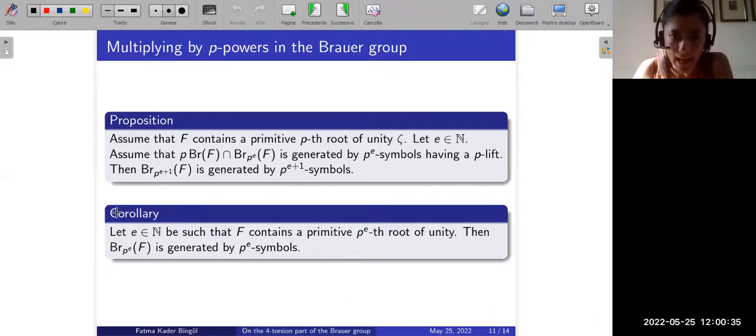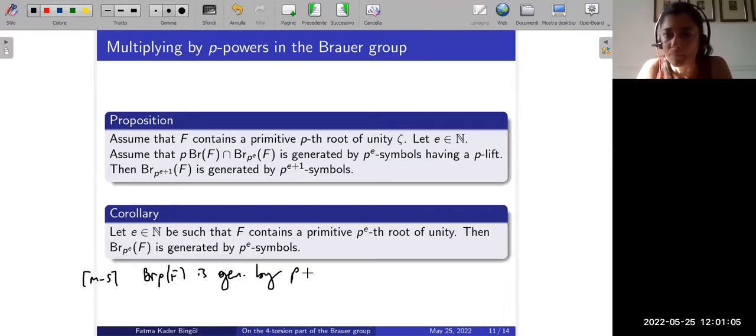The thing is that you have in particular a primitive p-th root of unity, and I will again use the Merkurjev-Suslin result related to the p torsion part. So Merkurjev-Suslin tells you that the Brauer p torsion part is generated by p symbols.